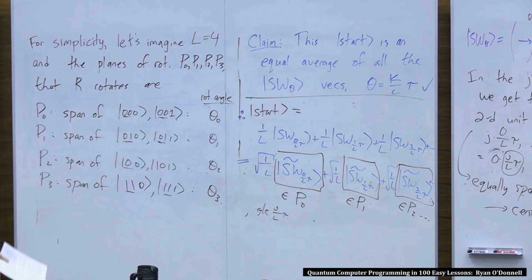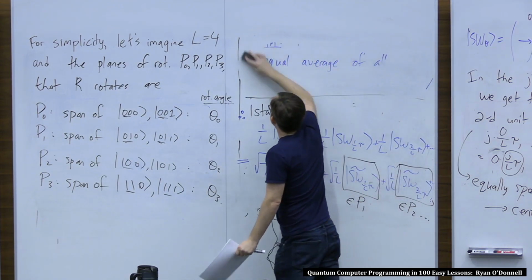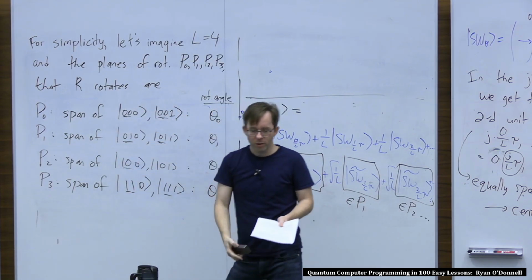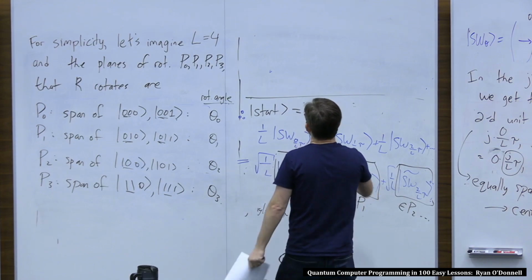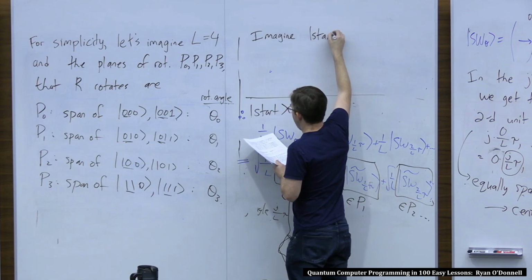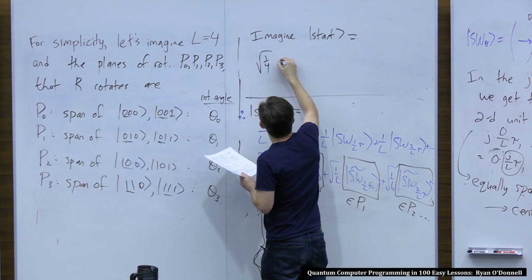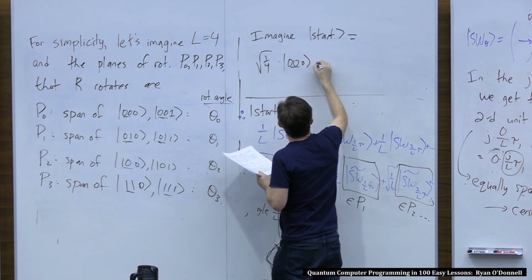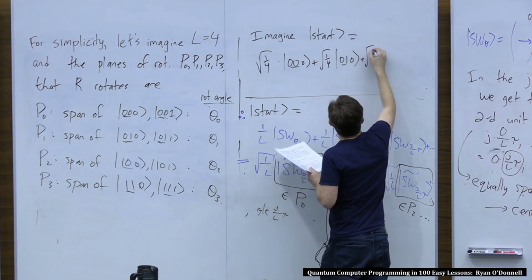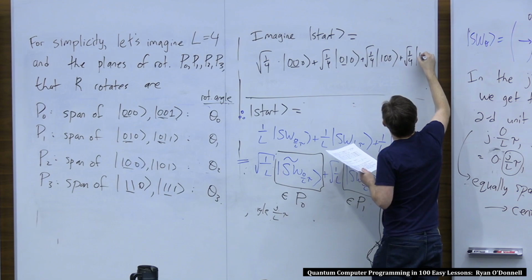And we're going to set up the analogous situation with start, where we're going to have the start vector, which is another 3-qubit state, which is an equal superposition of all of these first ones. So we're also going to imagine that start is just square root of 1 over L, which is 4 in this case, times 0, 0, 0, plus square root of 1 over 4, 0, 1, 0, plus square root of 1 over 4, 1, 0, 0, plus square root of 1 over 4, 1, 1, 0.